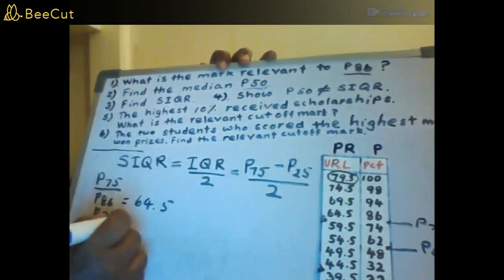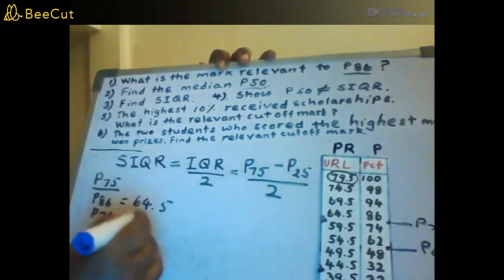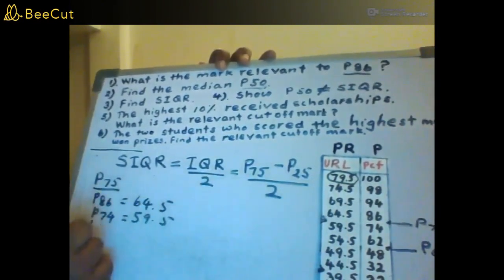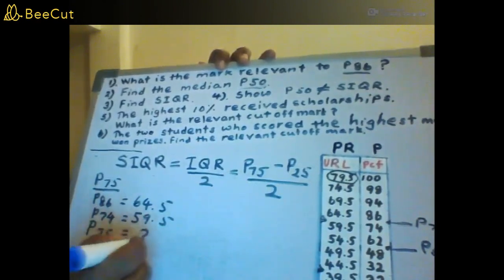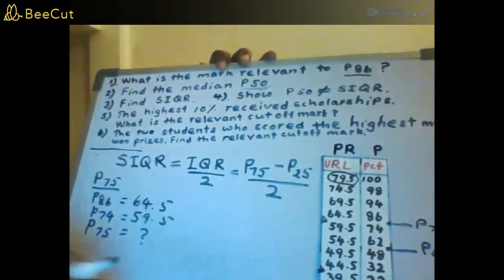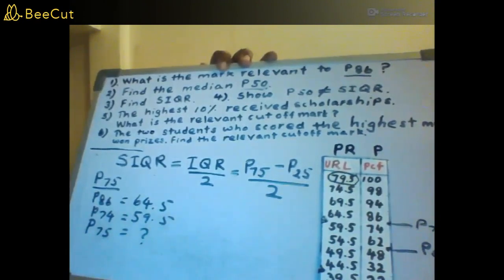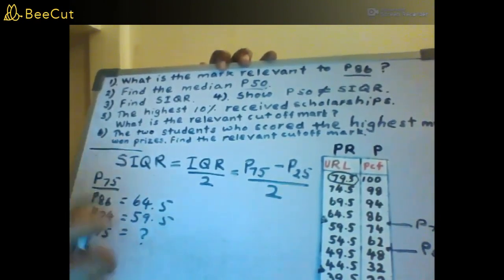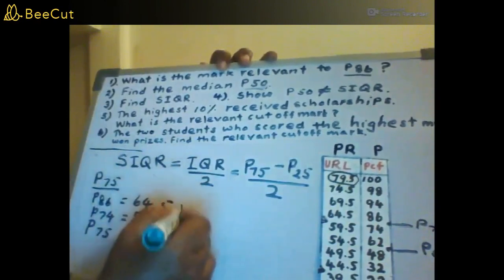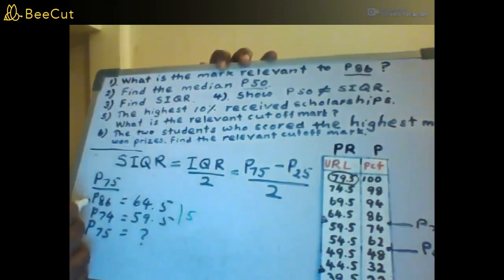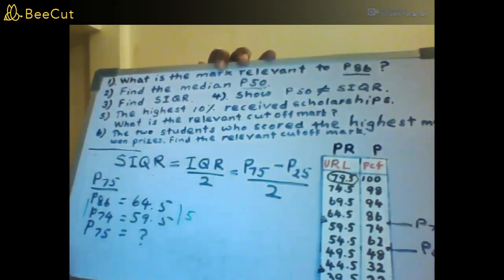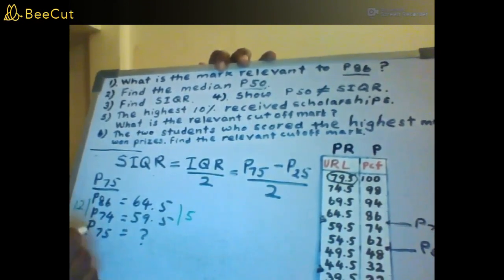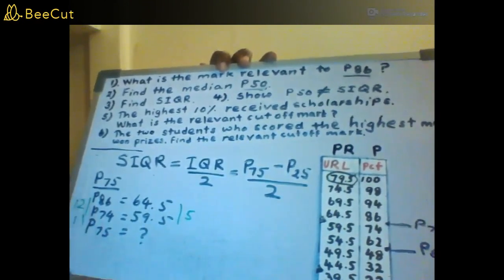P74 equals 59.5. We have to find P75. That we don't know. So you have to get the differences now. The same technique, right? Here it's 5, here 12, here it's 1.